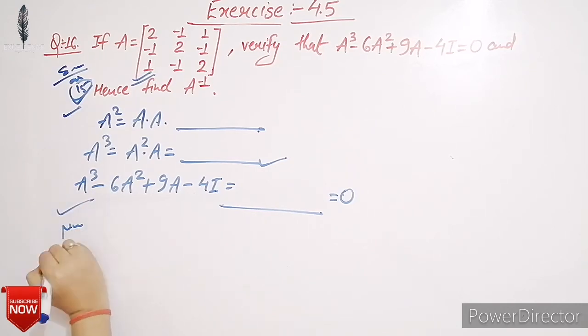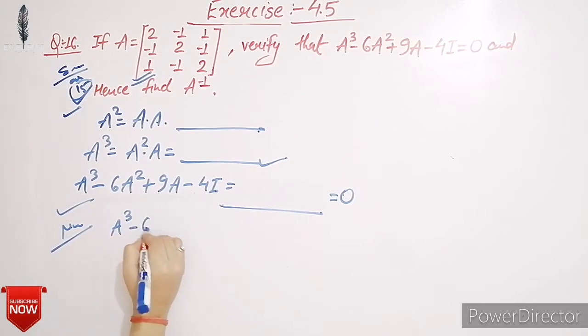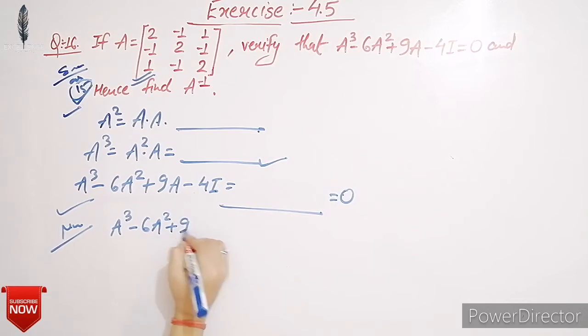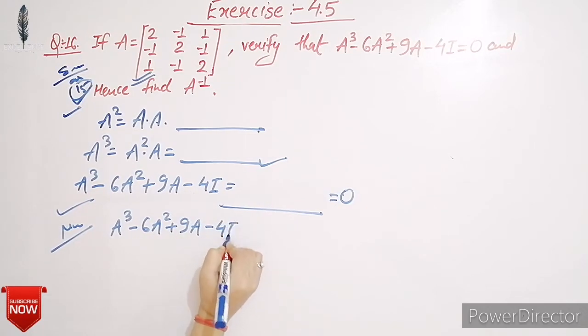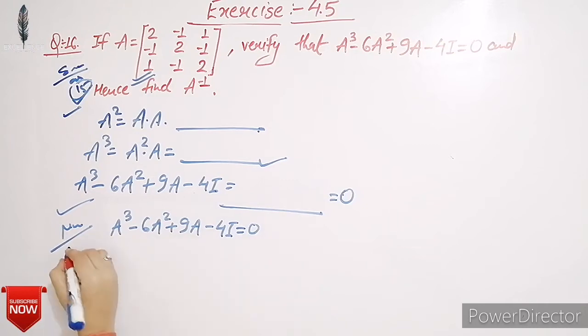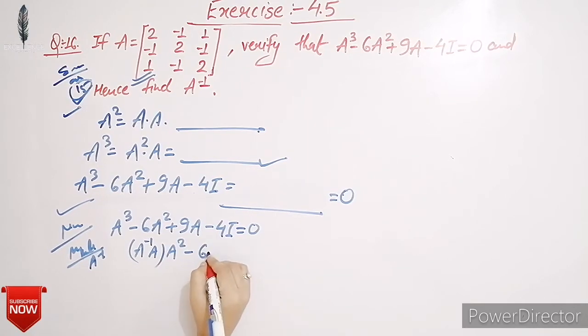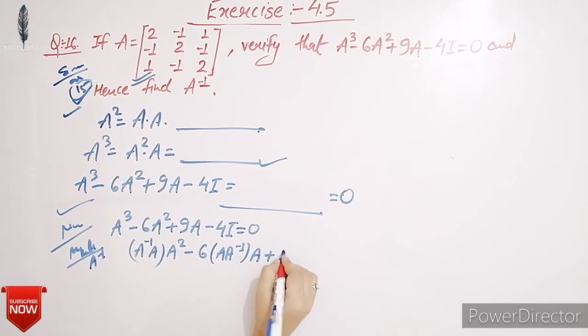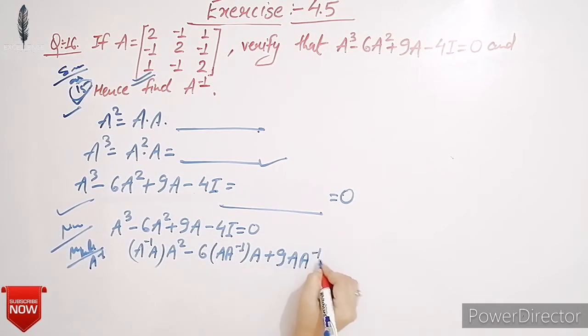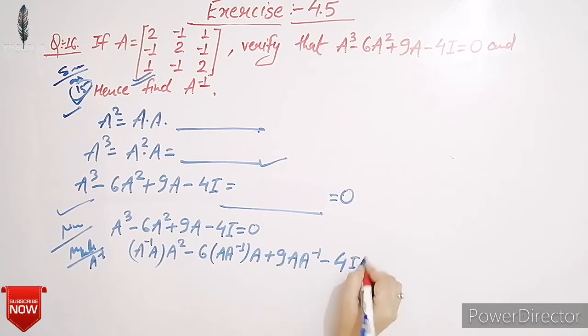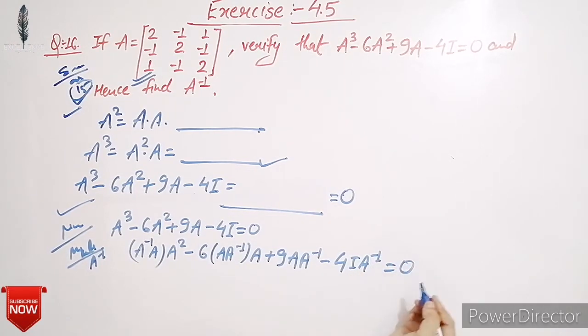Okay. After that we have A cube minus 6A square plus 9A minus 4I equals 0. To find A inverse, multiply by A inverse. So it can be written as A inverse A into A square minus 6A into A inverse into A plus 9A into A inverse minus 4I A inverse equals 0.